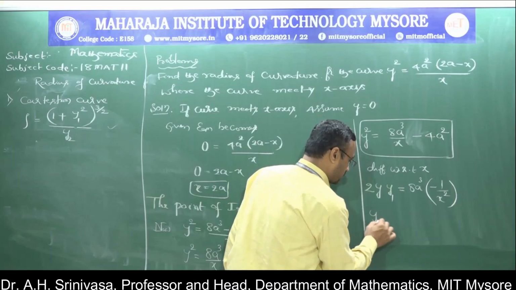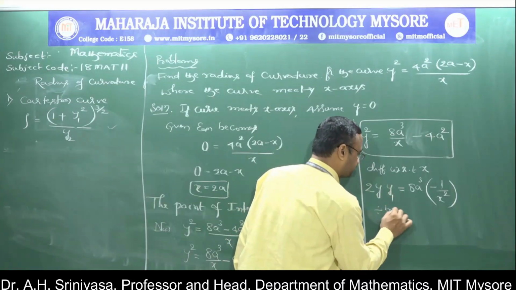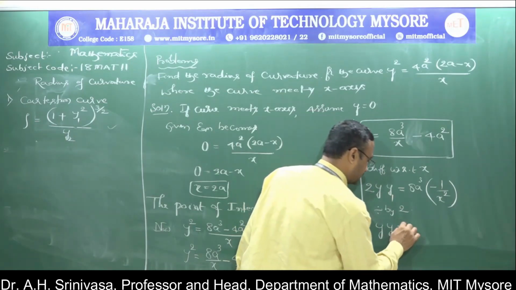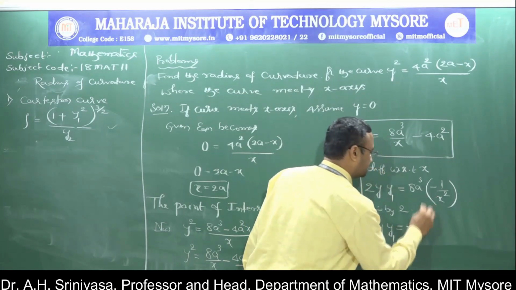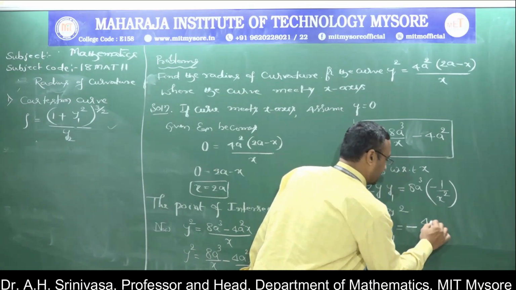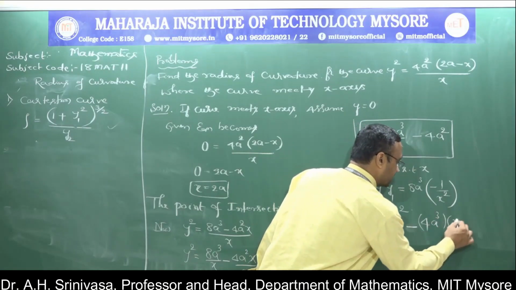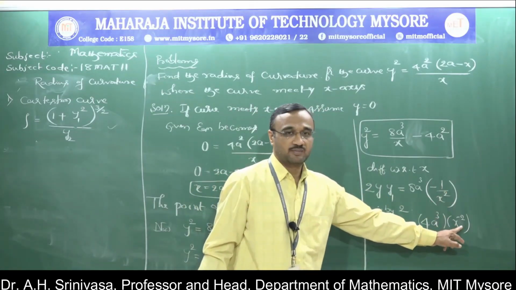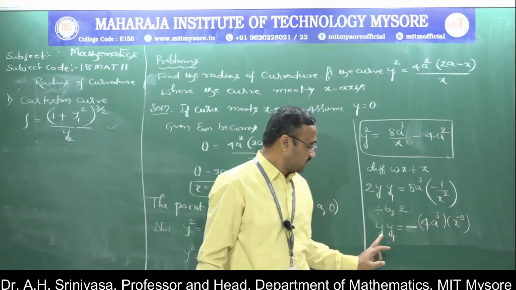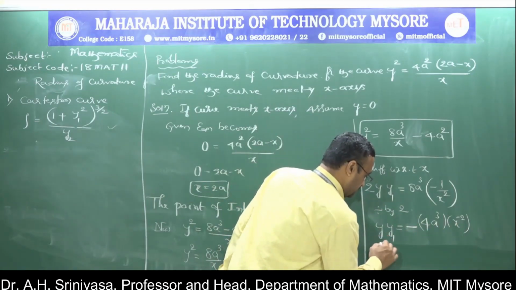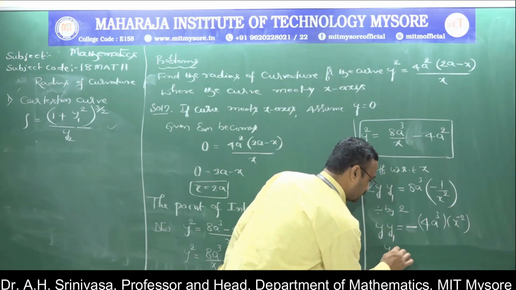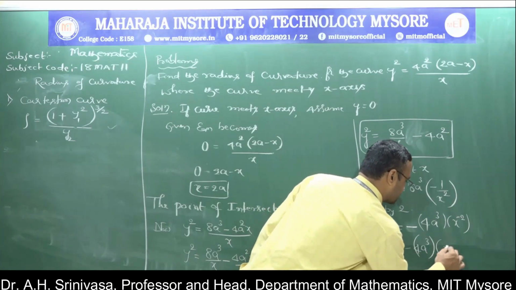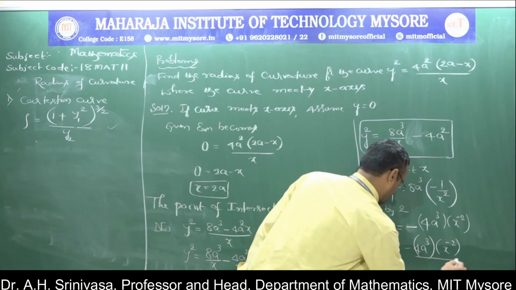What we get now here, if we divide by 2, we get y into y1 should be equal to minus 4a cube. You shift to numerator, it's quite very easy for doing the further differentiation. You shift to numerator, they become x to the power of minus 2. Okay, it's clear. So then y1 should be equal to minus 4a power 3, then x power minus 2, then whole divided by y.